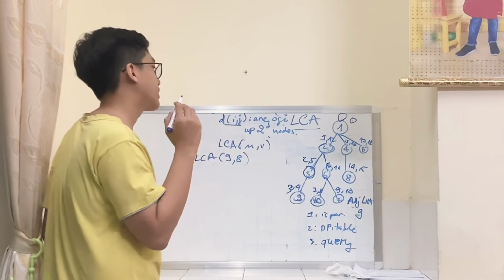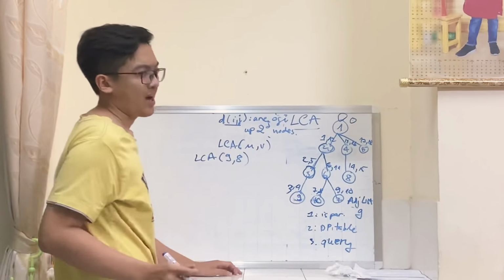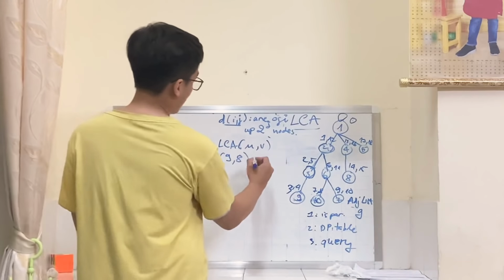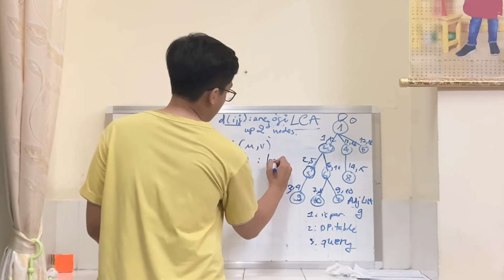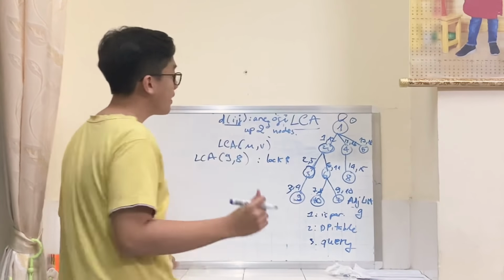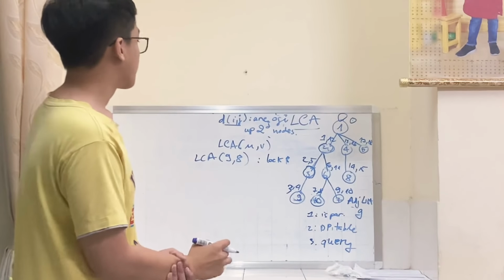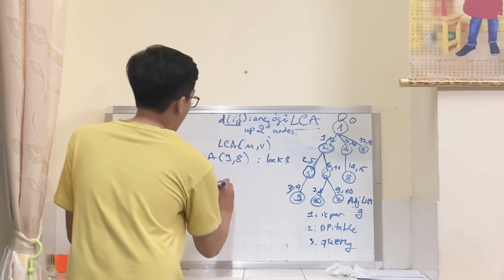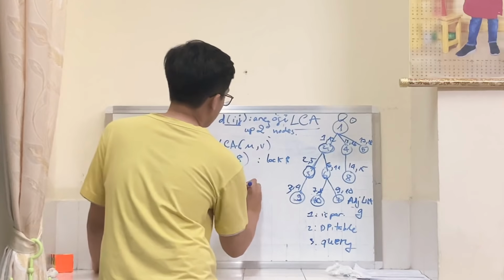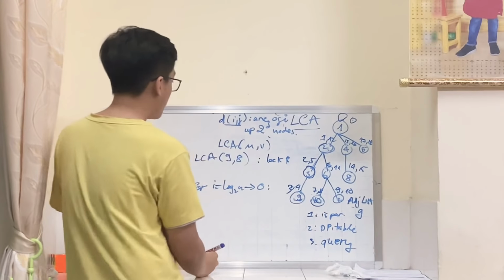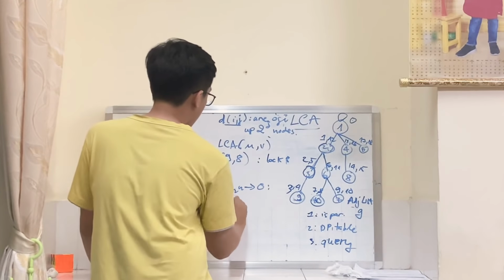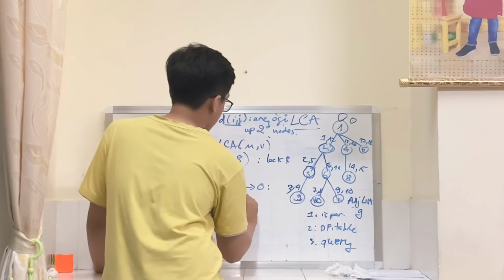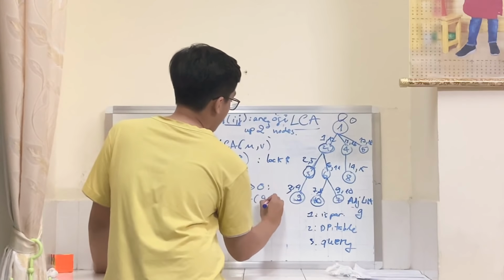I will lock node 8. Lock an arbitrary node; it doesn't matter whether you lock 9 or 8. So you make a for loop for i equal to log 2n down to 0, if the parent of 9 and 8.